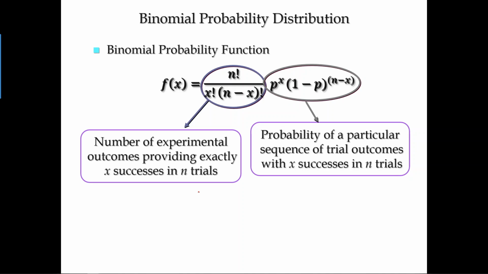So first, after you hear this question, I want you to think about whether this case satisfies the binomial distribution's characteristics. We said, for each independent trial, we only have 2 possible outcomes. Is that true?